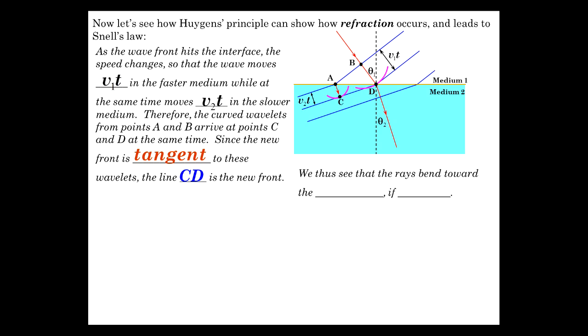We see the line from C to D there with the two wavelets in question, and that's all lined up here. So anyway, hopefully that makes sense with Huygens' idea.